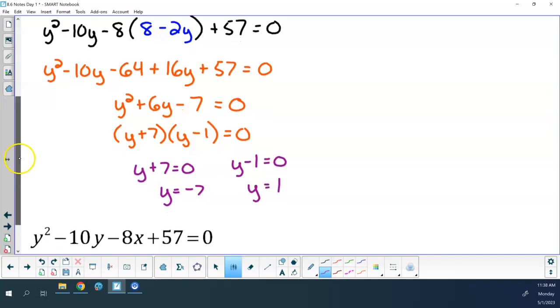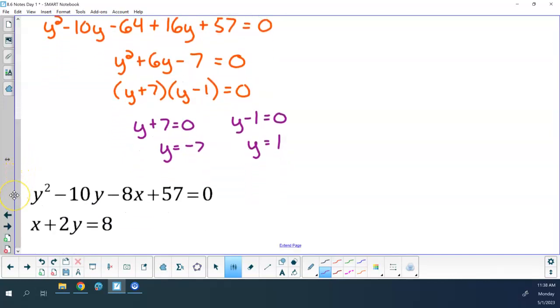So now I got to plug those back in. So let's plug those back into negative 7 first. So that would be x plus 2 times negative 7 has to equal 8. So x has got to be 22.